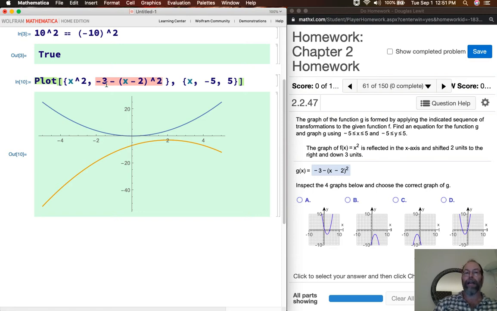So first, I put the negative in front of x squared, and this flips the function over to the other side of the x-axis. I subtract 2 from my variable, and this shifts the entire curve over 2 places to the right. And then to shift it down 3 places, I have to add -3. That's the transformation.